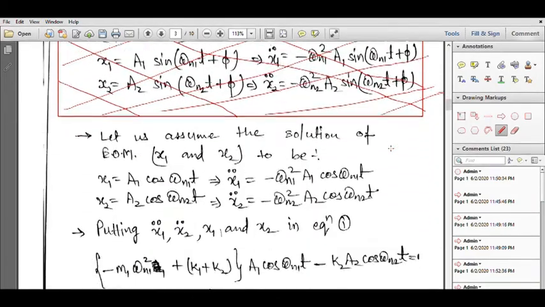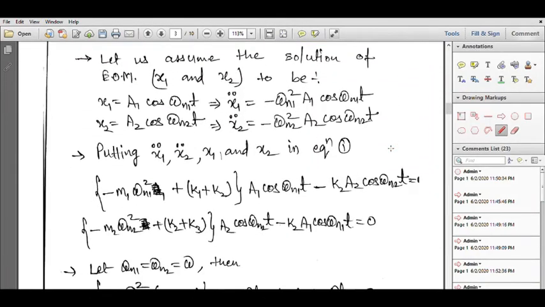Now what I'll do is assume the solution of the equations of motion, meaning I'll assume the form of x1 and x2. I have assumed x1 to be a1 cos omega n1 t, and I have assumed x2 to be a2 cos omega n2 t.